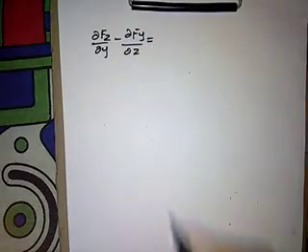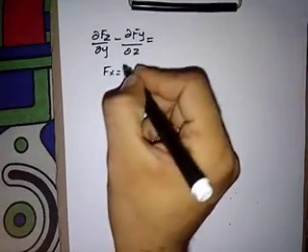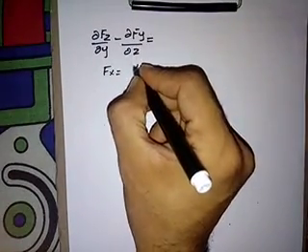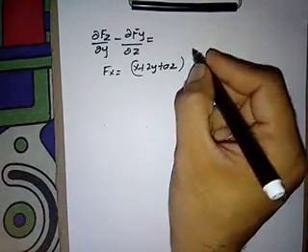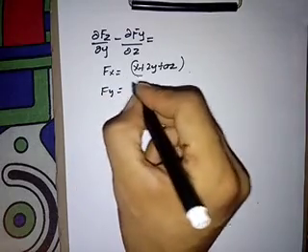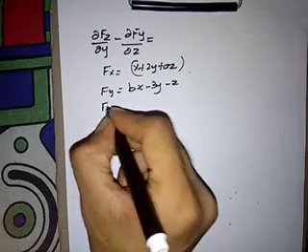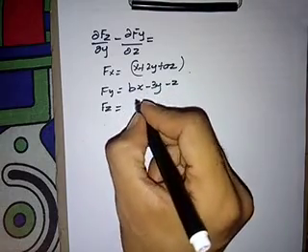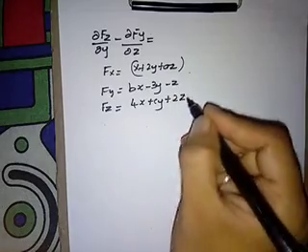What is fx here? The fx equation is x + 2y + az, then the fy term is bx - 3y - z, and the fz term is 4x + cy + 2z.